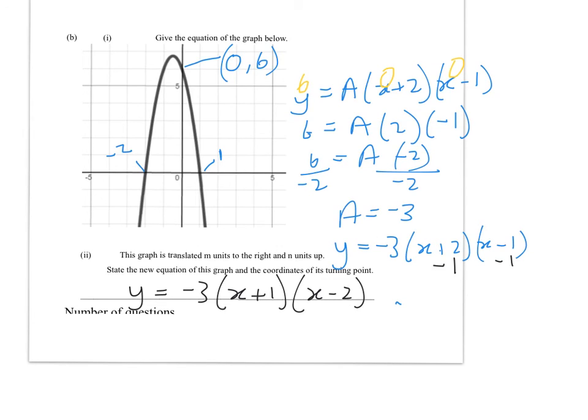And, oh, it's gone m units to the right, not 1 unit to the right. So this would have to be minus m in each of those brackets. Let me just rub this out here.